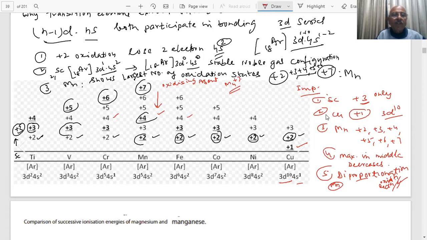This happens when you have a middle oxidation state. I hope it is clear what the variety of oxidation states is and which important points are to be noted. Questions are put up on this. You have noted down, students, then I will proceed further.